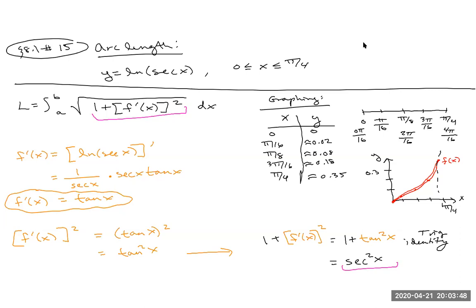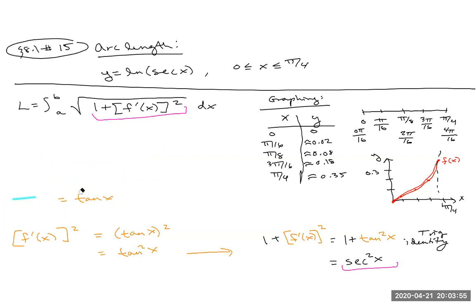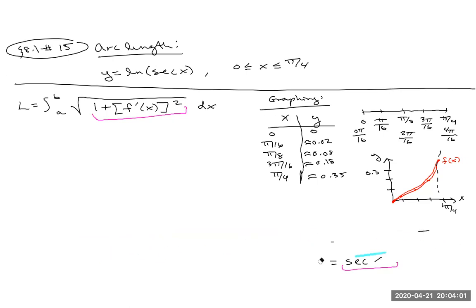Let me go ahead and clear this out. Okay, and go ahead and start integrating. So L, your arc length, equal to, let's do our bounds in a different color so we remember where they come from.